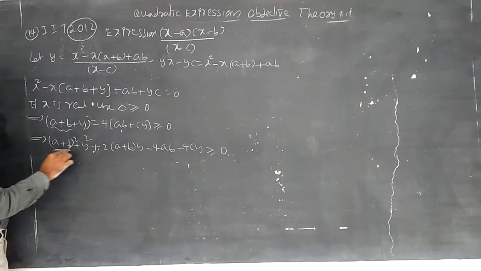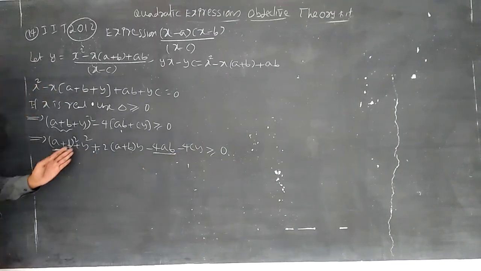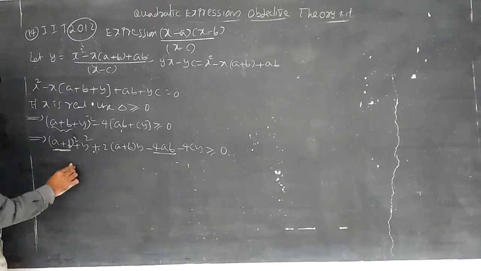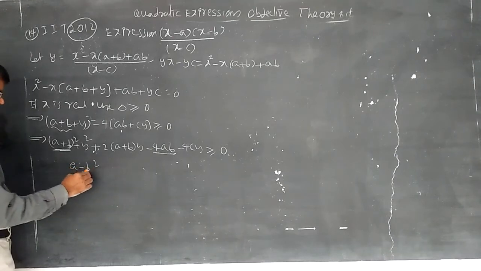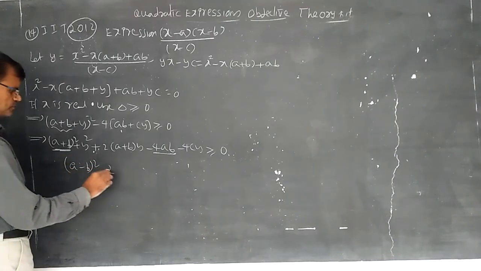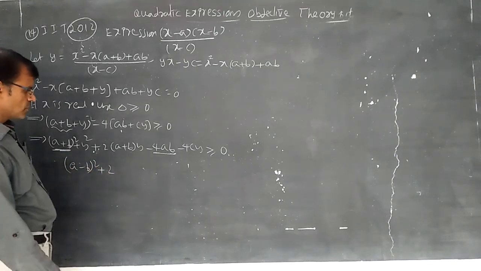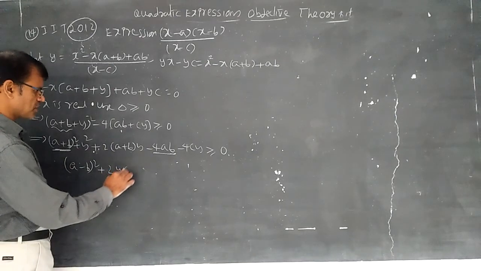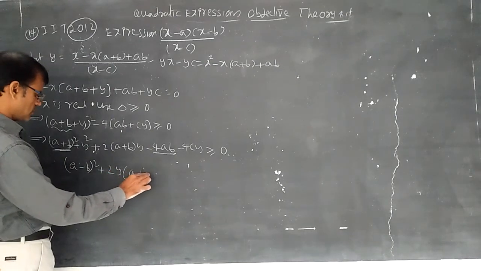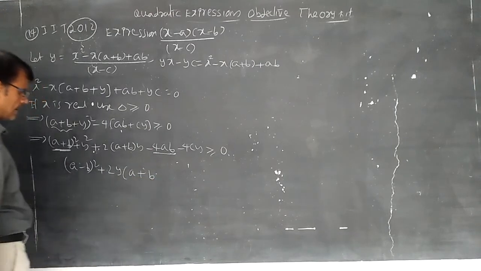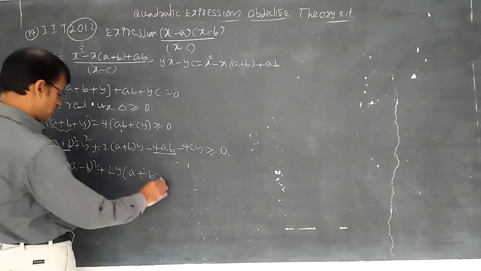Now write this one minus this one. a plus b whole square minus 4ab becomes a minus b whole square. Plus 2y we can take on, it becomes a plus b minus 2c.